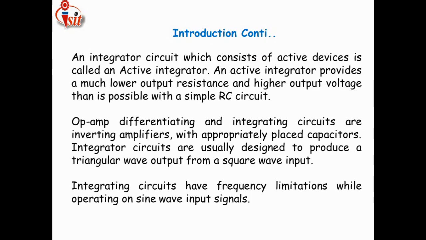That means an RC circuit is used to perform integration, and op-amp differentiating and integrating circuits are inverting amplifiers with an appropriately placed capacitor. For integration and differentiation, the main role is played by the passive device, the capacitor. The placement of that capacitor in a circuit decides whether the circuit is an integrator or a differentiator.